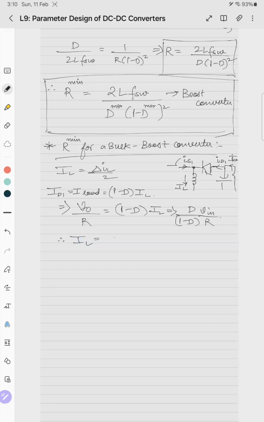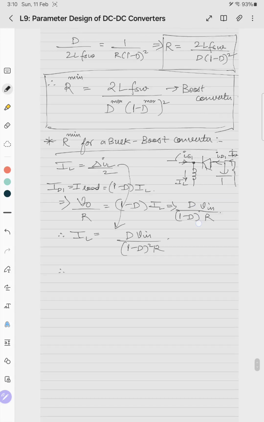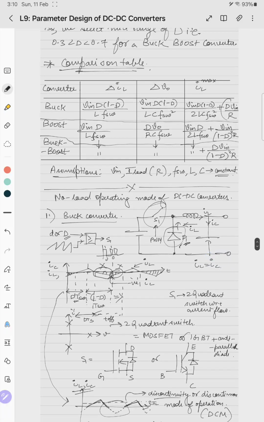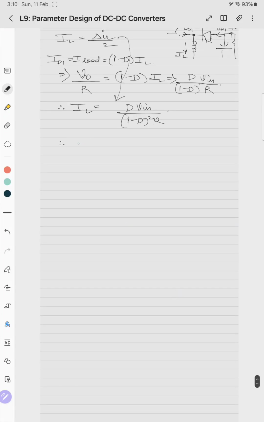Therefore capital IL becomes D into V in by 1 minus D whole square into R. This we have to substitute here. And delta IL we write from the table. I think we have derived delta IL from the table. What is delta IL? It is the same, V in D by L F switching. So therefore V in D by 2 L into F switching, because it is delta IL by 2.